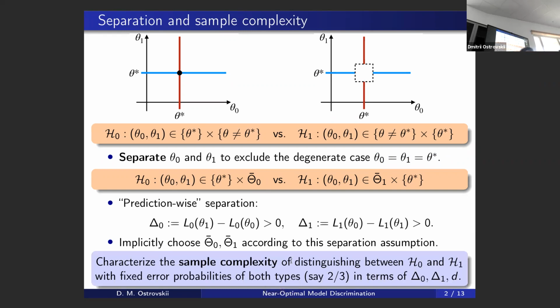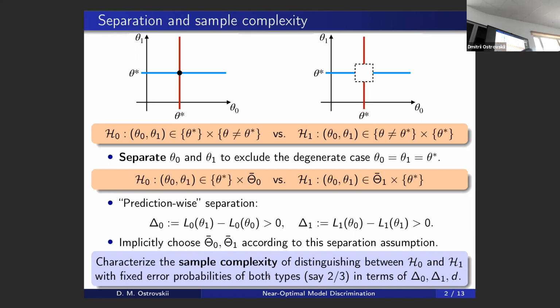So what will be my task? My task is to characterize the sample complexity of distinguishing between H0 and H1 with fixed probability, say 2/3 or whatever, bigger than 1/2. So it will depend on the two separations and probably dimensionality in some way.